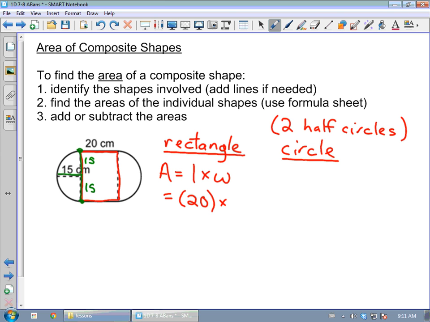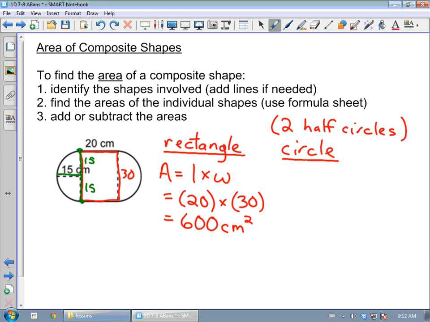So this long side from top to bottom has got to be 15 plus 15, or 30 centimeters. That's going to be the width of our rectangle. So 20 times 30 gives us 600, and our units are centimeters squared.